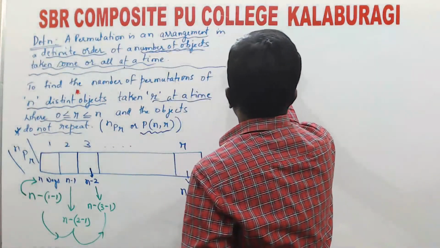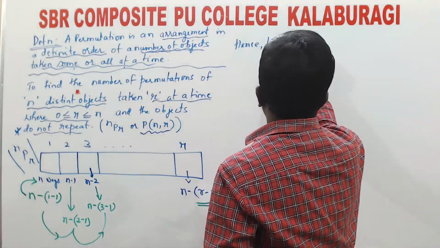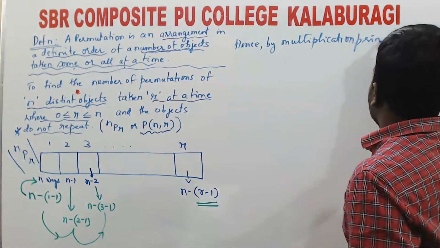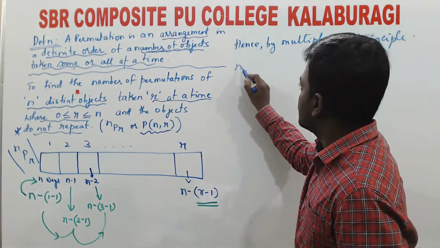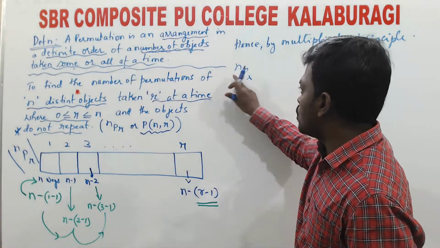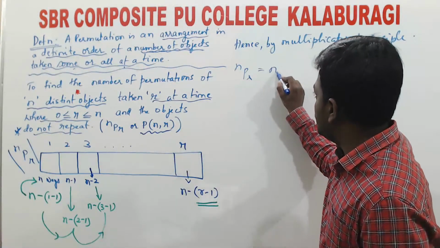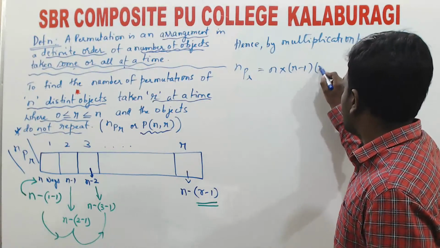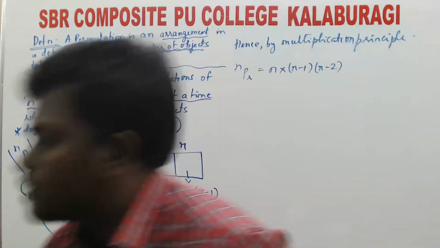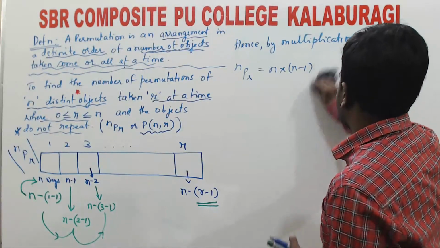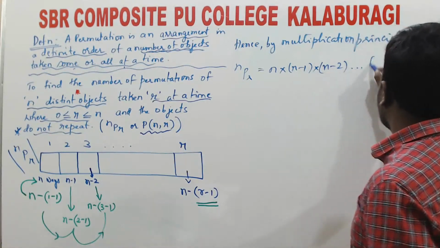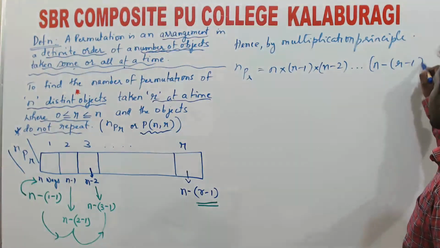Hence by the multiplication principle, the arrangement of r things out of n things is nothing but n into n minus 1 into n minus 2, and so on up to n minus of r minus 1.